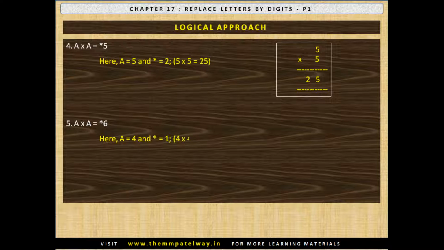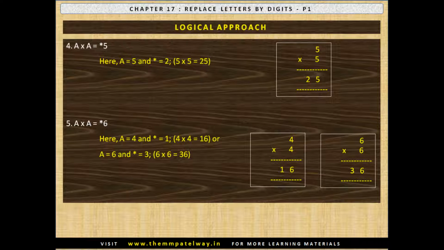Here there are two possibilities. A equals 4 and in that case star will be equal to 1 because 4 into 4 equals 16. The second one is A equals 6 and star will be equal to 3 because 6 into 6 will be equal to 36. In this case, we have got two possible answers.